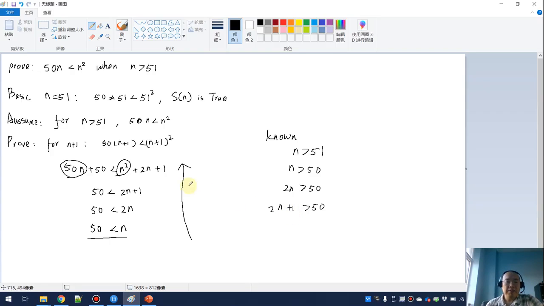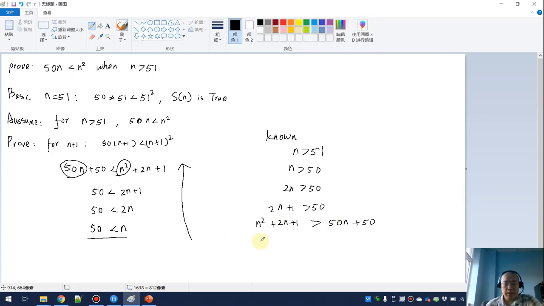We also know n squared is greater than 50n, so how about I add a larger value, n squared, to the left side, and a smaller value, 50n, to the right side? On the left side, I added n squared, which is the larger value. On the right side, I added 50n, which is the smaller value.